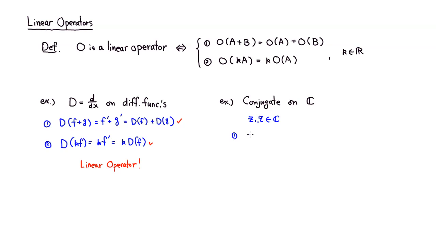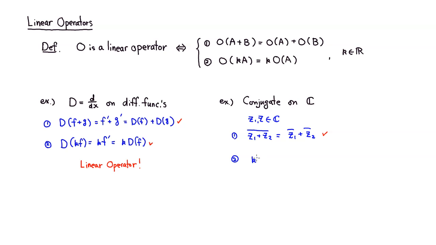If you take the conjugate of the sum of z1 and z2, we can actually prove it in detail, but we've done this before, so we know that this is equal to z1 bar, the conjugate of z1, plus the conjugate of z2. So this verifies the first condition.